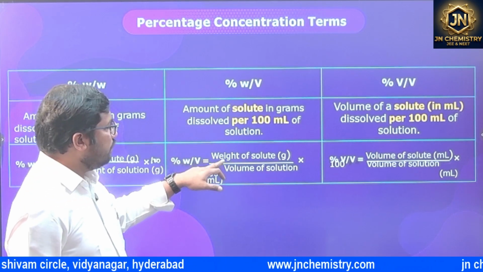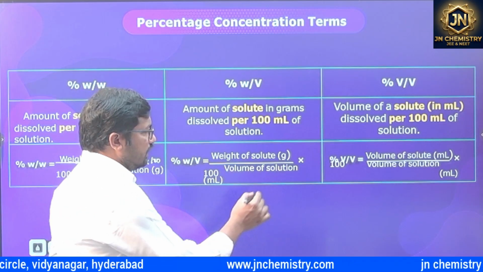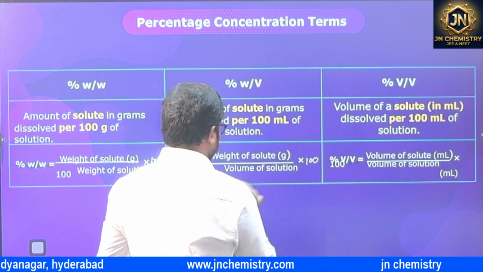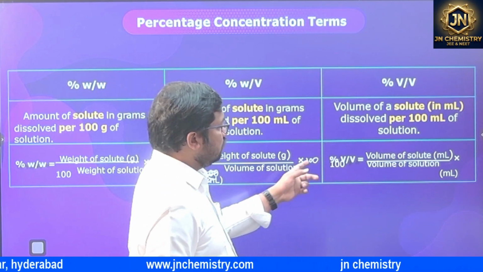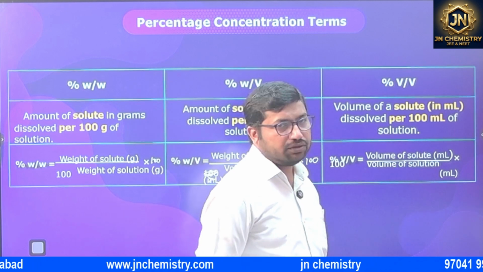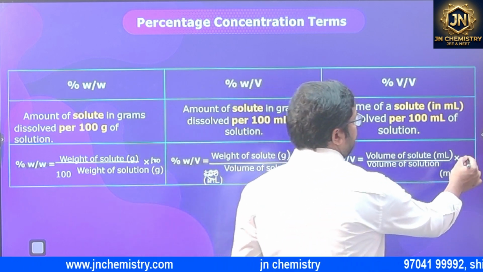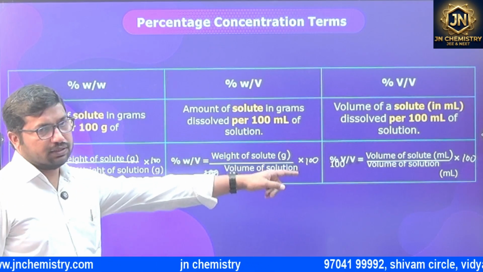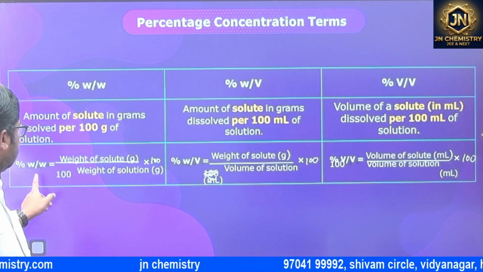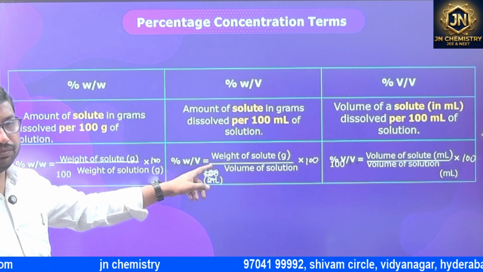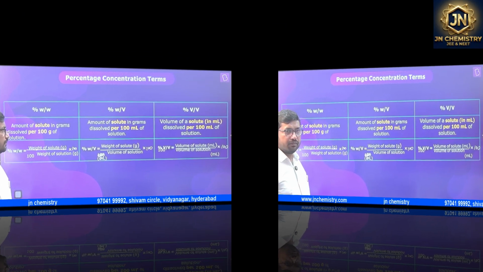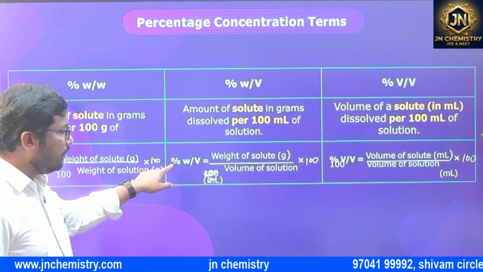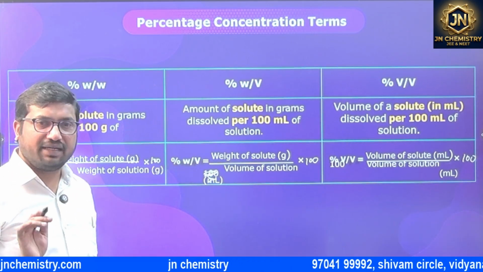Weight of solute by volume of solution into 100, in ml. Volume of solute by volume of solution into 100. Write it down, these three formulas. Always remember, percent means 100 out of 100.